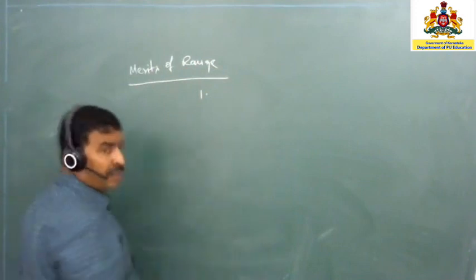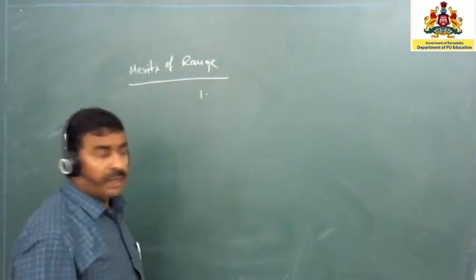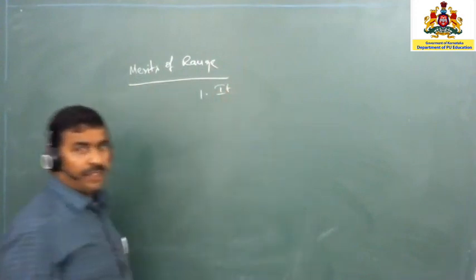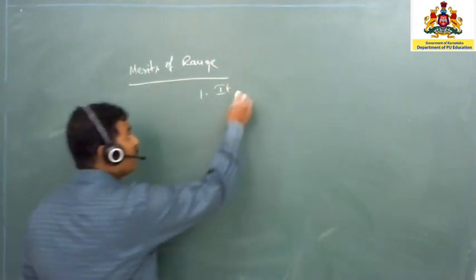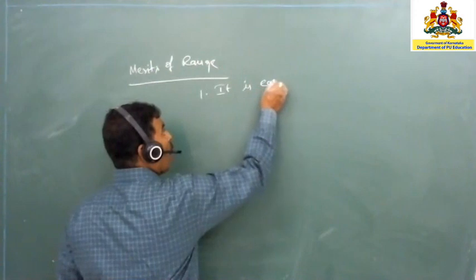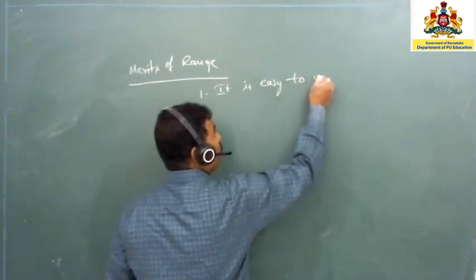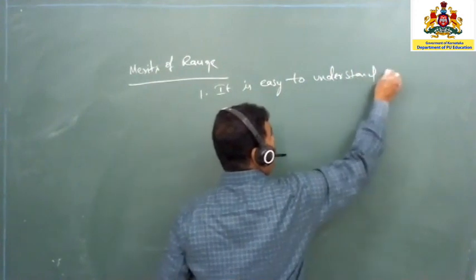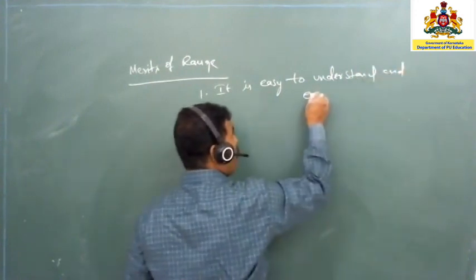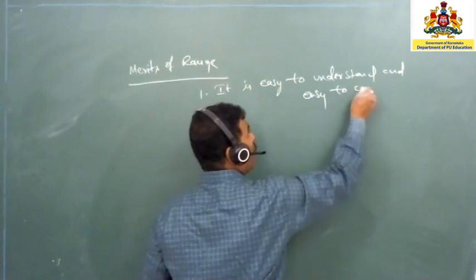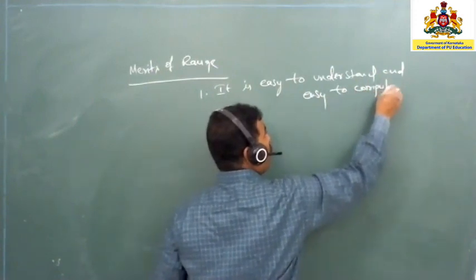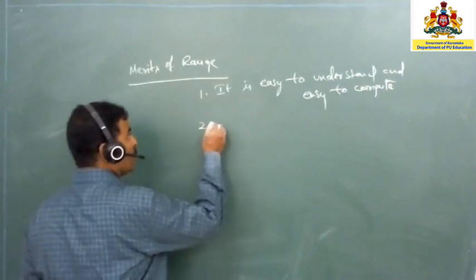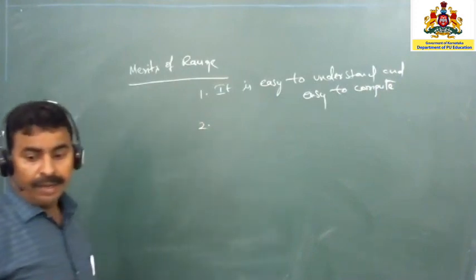Mainly, it is easy to understand. The only formula is H minus L, so it is easy to understand and easy to compute.